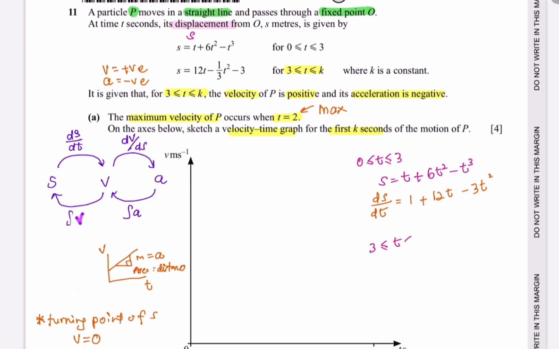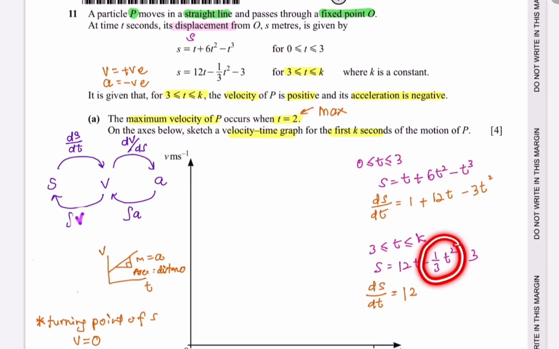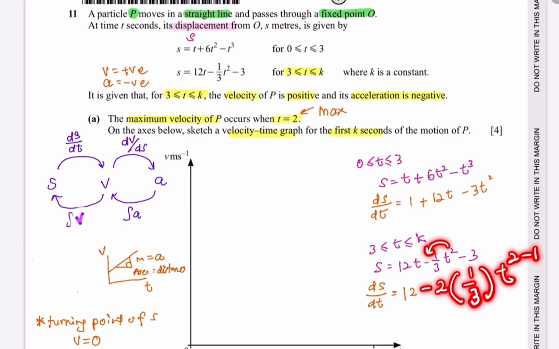Let's do the second one, which is 3 to k. Our 3 to k is this equation. Now let's do the same differentiation of ds over dt. Again, power 1 brought in front, 12t differentiates to just 12. Differentiating the next term, 2 brought in front gives negative 2 over 3, t to the power 2 minus 1, so it's just negative 2 over 3 t.